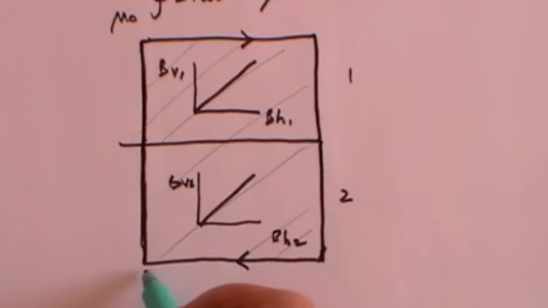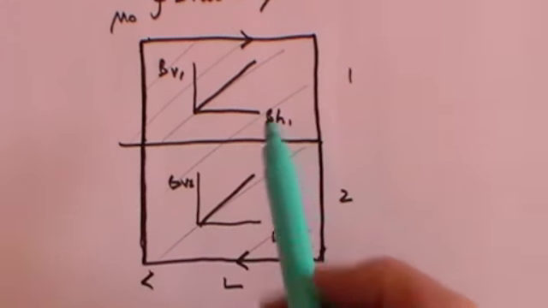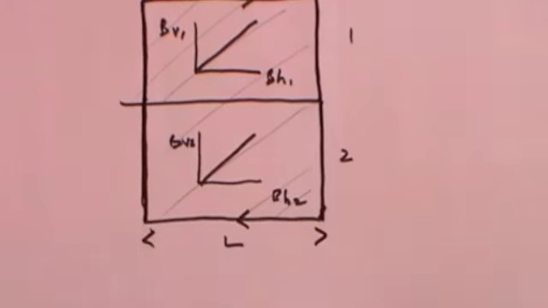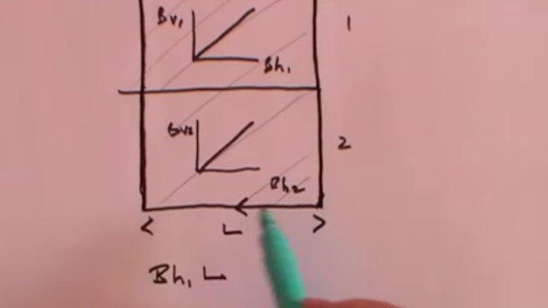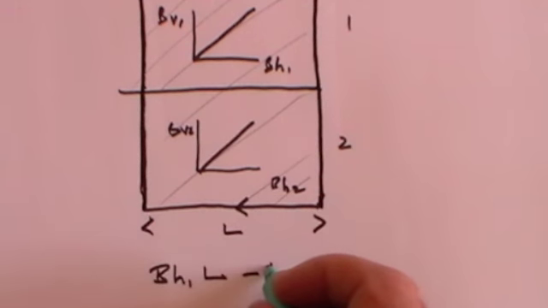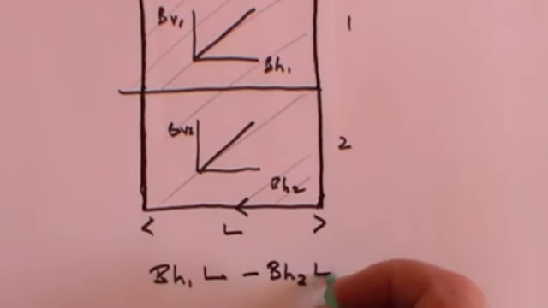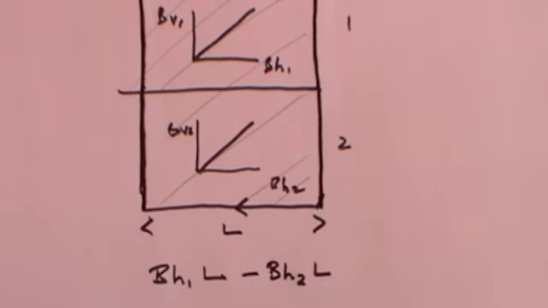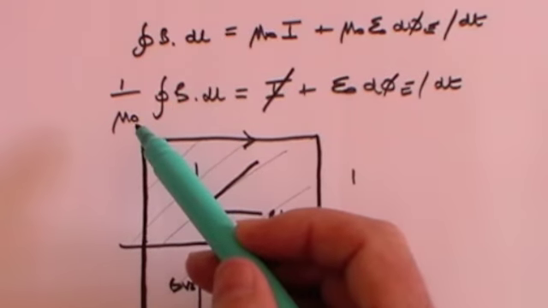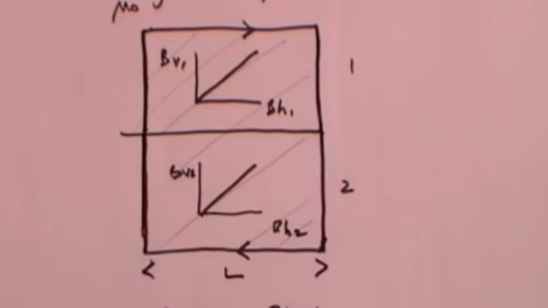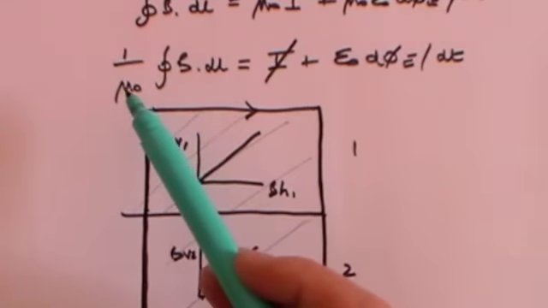And we're going to say that the length here is going to be the length L. And so we're going to get BH1 times L as the contribution along the top. The contribution along the bottom is going to be minus, because we're going in the other direction, BH2 times L. And we've got to remember that these are each divided by their respective coefficients of the permeability.